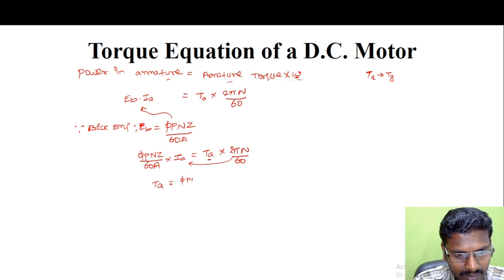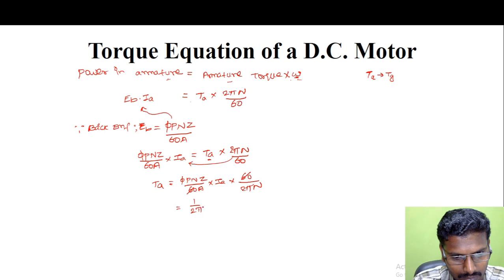So φPNZ divided by 60A into IA into 60 divided by 2πN, where 60 will be cancelled and I will have 1 by 2π into φ into IA into PZ divided by A, as N gets cancelled.